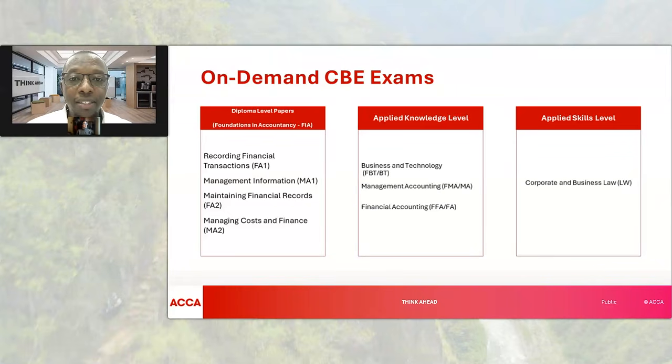For applied skills, there are 6 exams, but only one of them is on demand. That's why it appears alone on this slide. That's corporate and business law. These are the exams available on demand, which means they are available throughout the year. Whenever you're ready, you can book an exam and sit it at a time of your convenience.